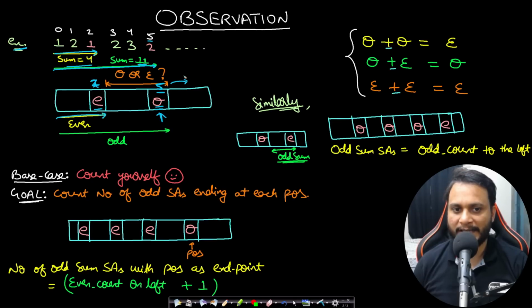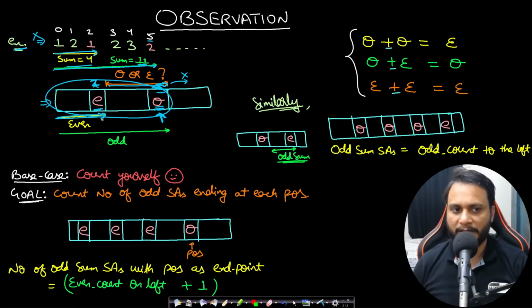Definitely the right hand side elements will not contribute, because if I have to end at this position, the subarray must start on the left hand side or at the same position, right? So I'm not considering this one too much, but with this information of even and odd, you can say that there are two subarrays which will give you odd sum ending at this position 5, which is the entire sum right from the beginning till this point, and also the sum in the middle.